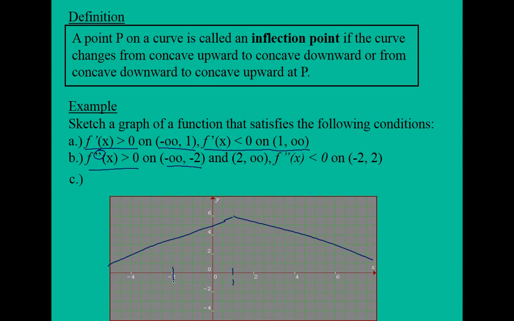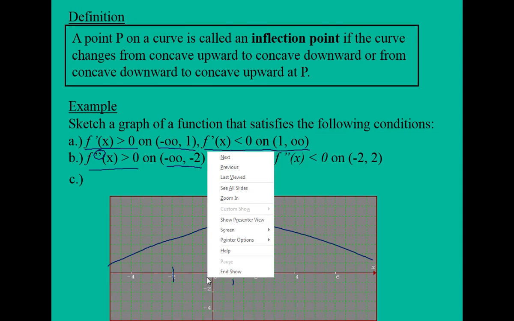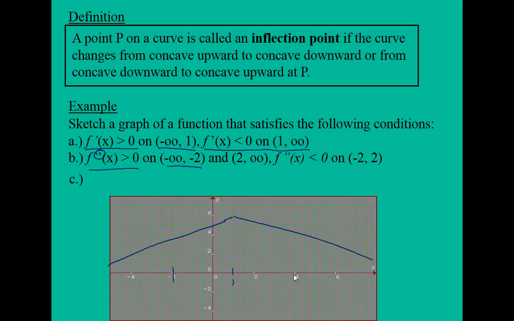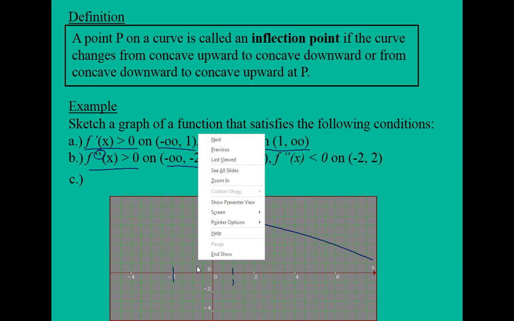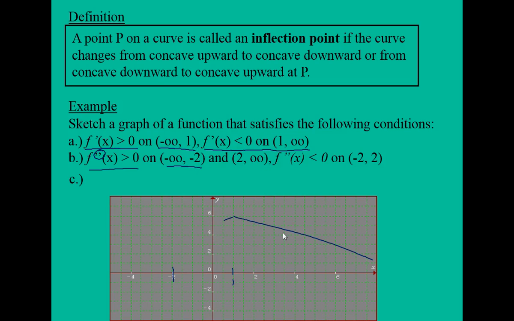So we know we're increasing, and let me erase this portion right here. Oops, erase the whole thing. We know from -infinity to -2 it's increasing, but it's concave upward. And we know that this was increasing here also.